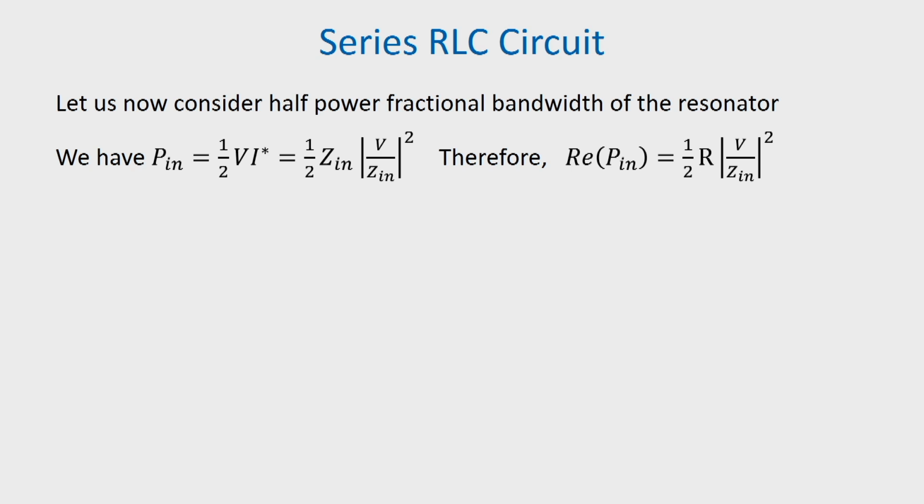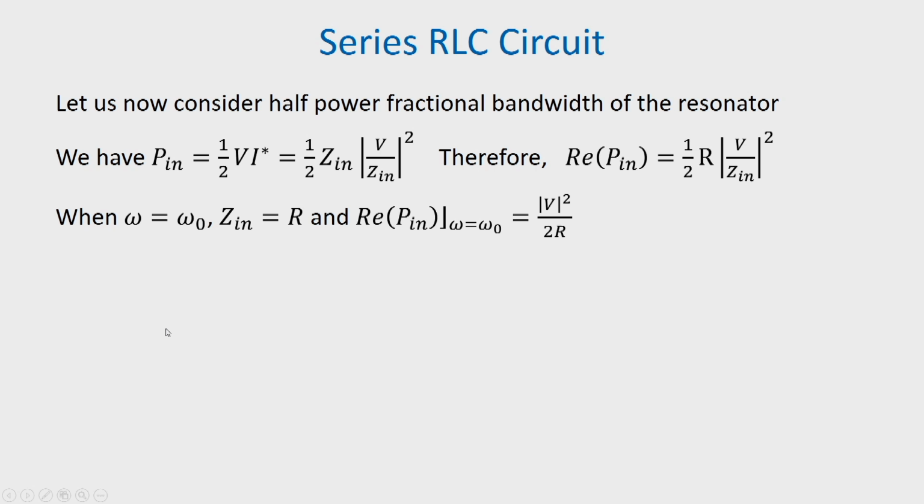Now, we have P in is equal to half V I conjugate, which can be written as half Z in (V by Z in) mod whole square, and therefore, the real part of P in becomes, since the real part of Z in is R, half R (V by Z in) mod square.